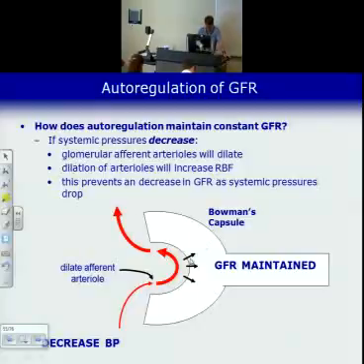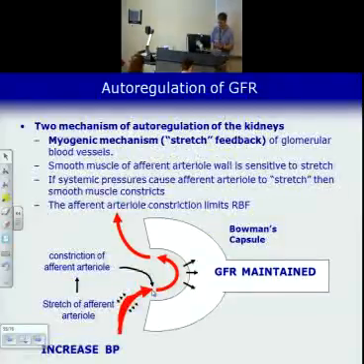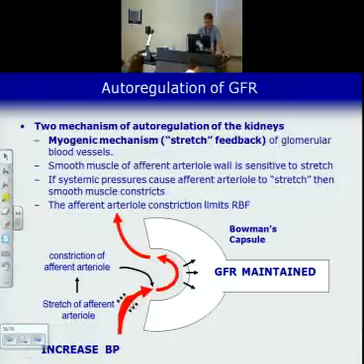Two mechanisms we'll talk about to accomplish this. One of them is the muscle of the arteriole, and the other one is that macula densa that we chatted about earlier. So the first mechanism's easy. Elevated blood pressure stretches the heck out of that arteriole, so its local reaction is to constrict.